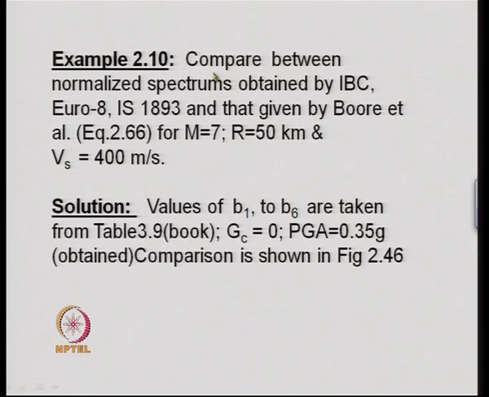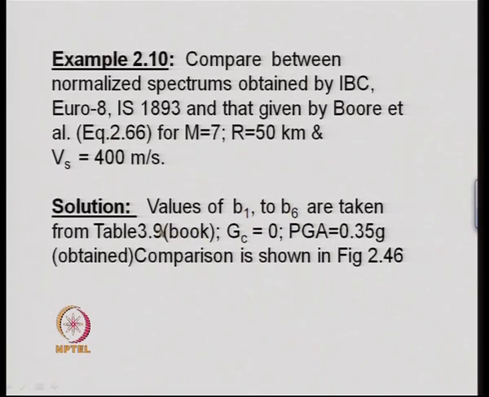Then we compared the normalized spectrums obtained by IBC, Eurocode 8, IS 1893 and that given by Boore et al. Here the response spectrums were normalized with the PGA value. The shape of these response spectrums were obtained for the various constants given in Boore's equation like B1 to B6.